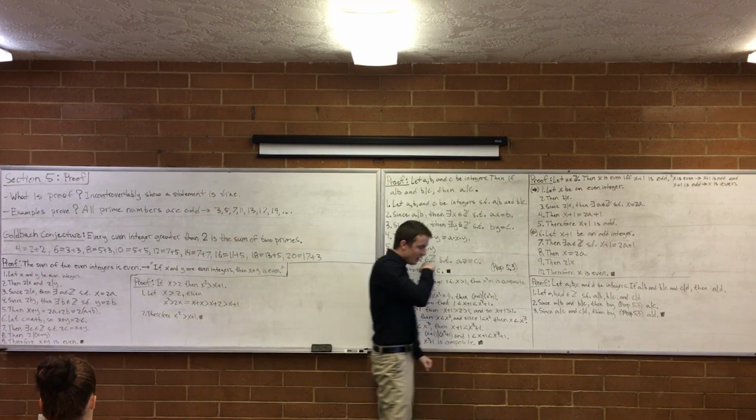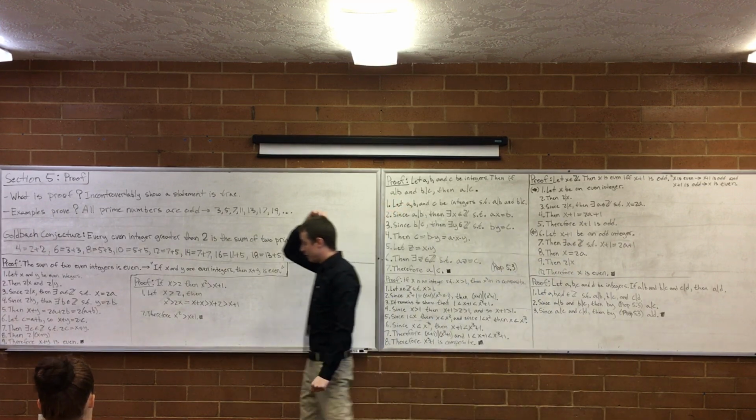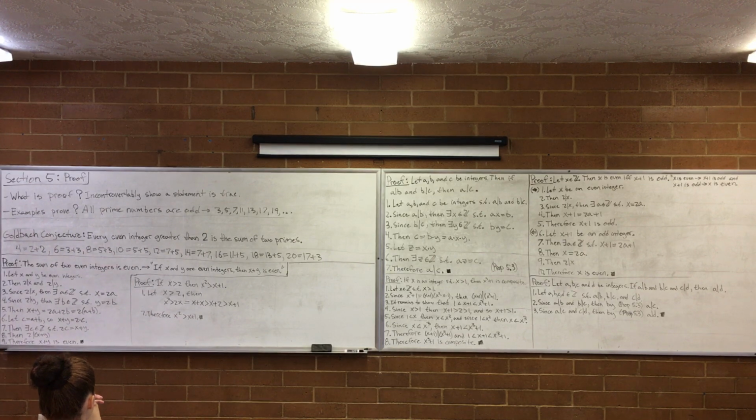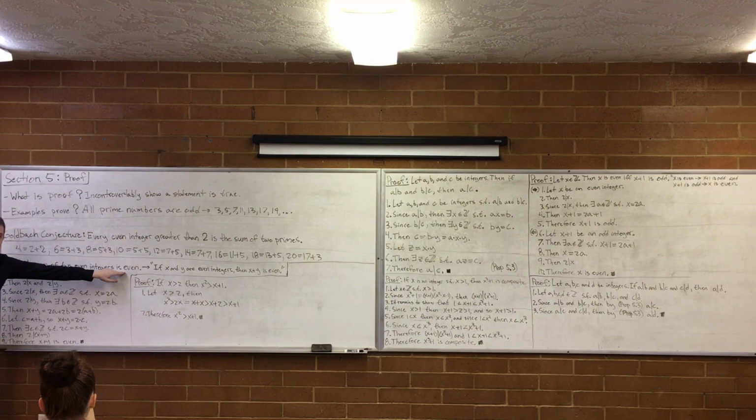Now, every theorem that you try to prove in this class, every statement that you try to prove, can be reworded or reformatted into an if-then statement. Let's look at an example. The sum of two even integers is even. So the first step in systematically trying to come up with a way to prove these things is to break the statement up into an if-then statement.